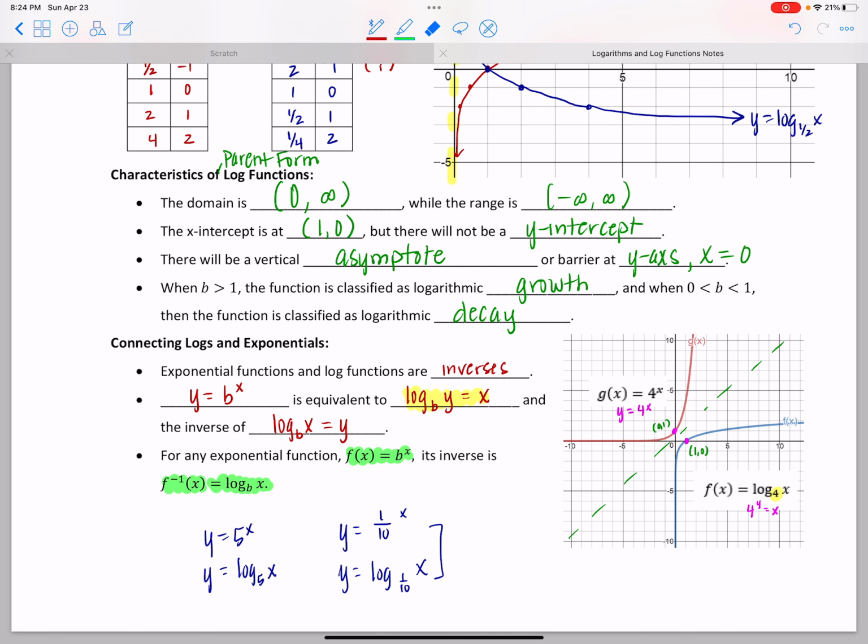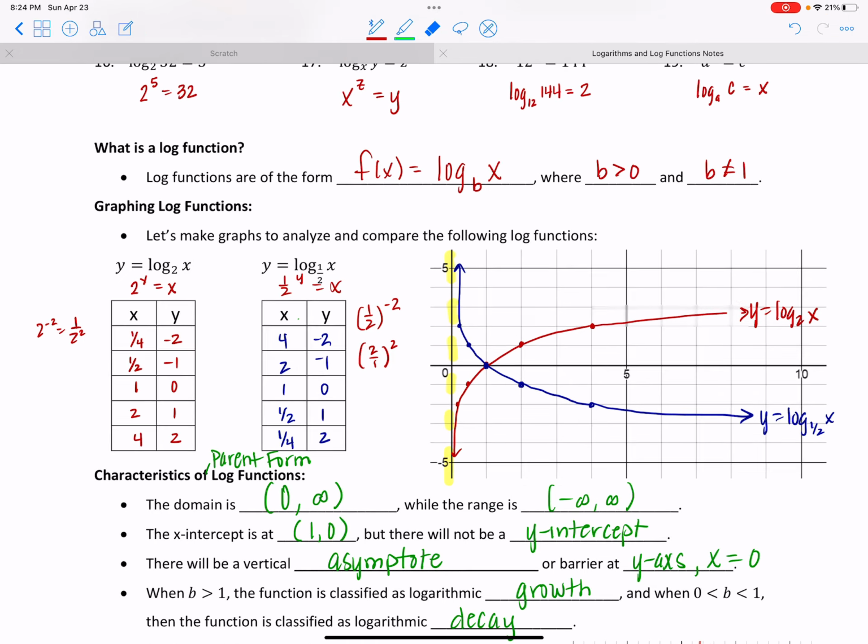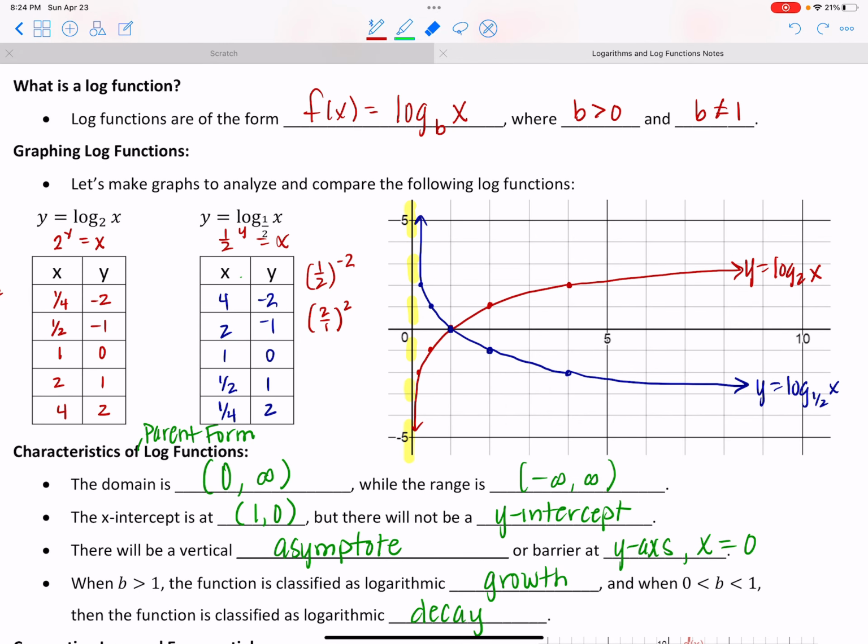Okay, so the big takeaway, most of the recap here with the logs, is just to make sure that we had a solid understanding of what a logarithm is, but here's the big takeaway. When we get to calculus, we want to understand the basic behavior of functions. So a log function, being the inverse of an exponential, does all the opposites of what the exponential does.